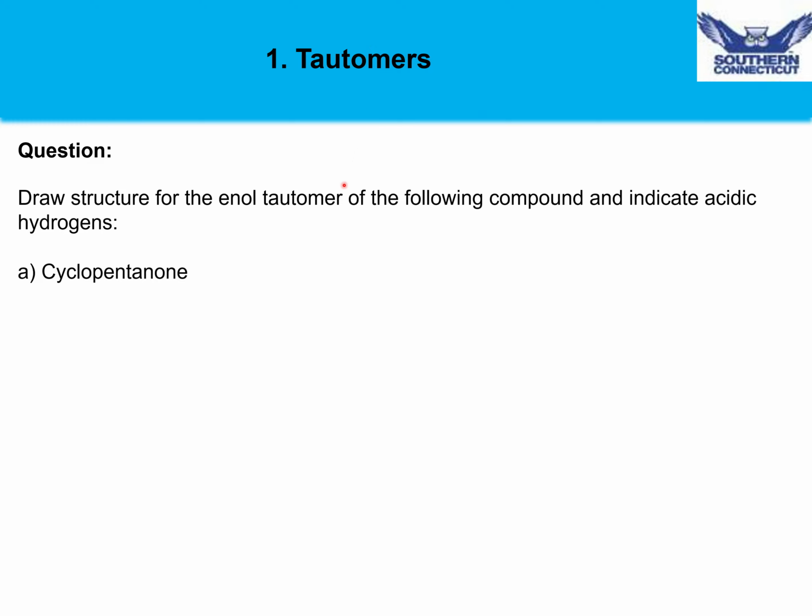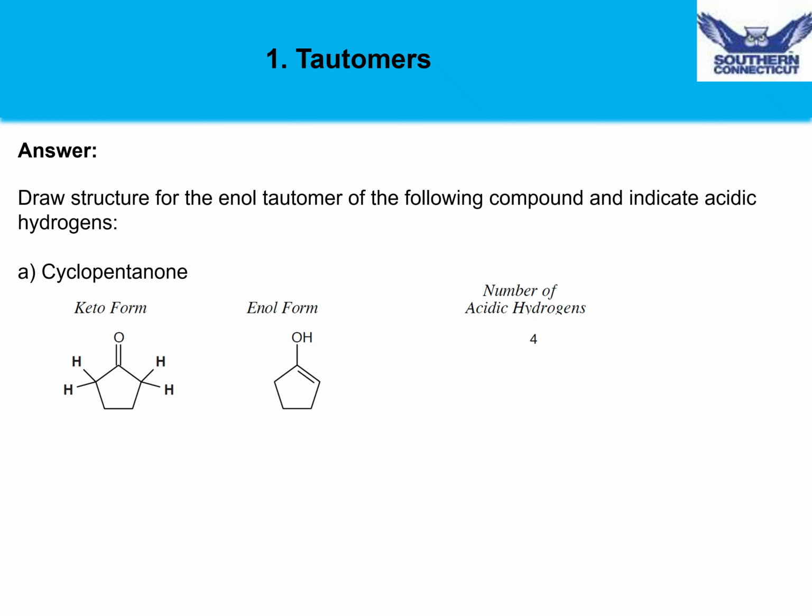To review tautomerization, let's go over this question where we're going to try to draw the enol form of cyclopentanone. The enol form of cyclopentanone looks as shown here.